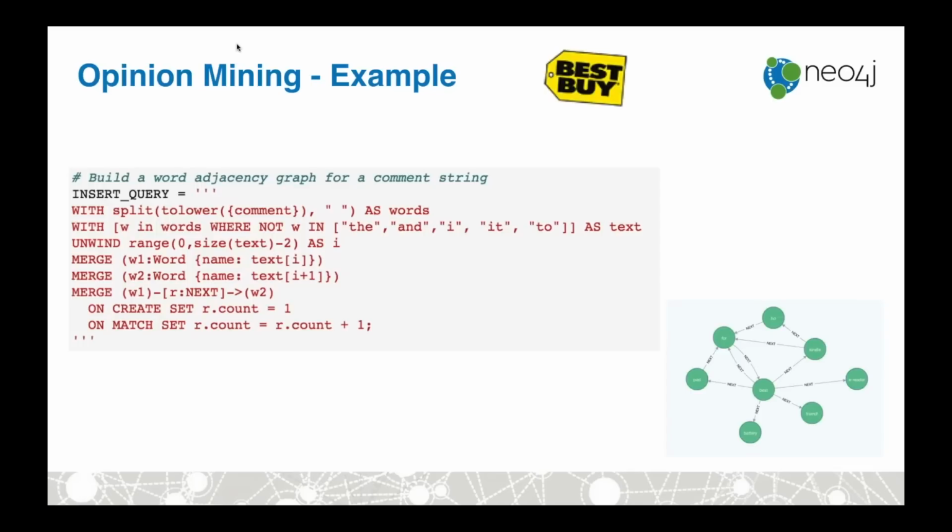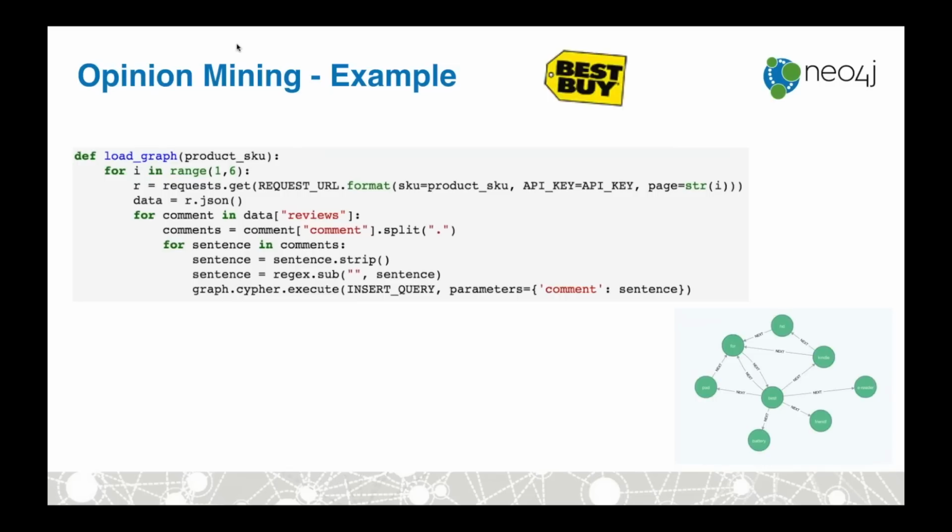So this should be familiar to us. This is our insert query from earlier. We're going to use this with the Best Buy API. In this example, we're also filtering out some stop words, like the, I, it, to, just to show you how we can do that. Other than that, it's pretty much the same as the example we were working with before.